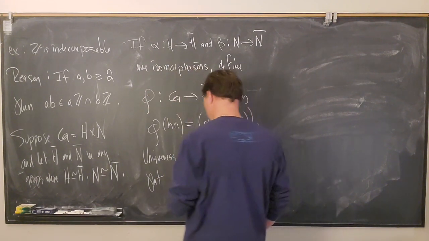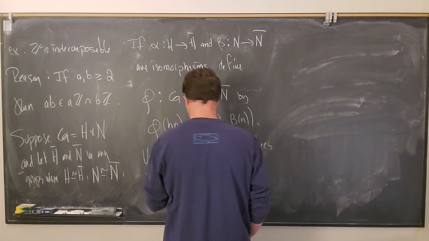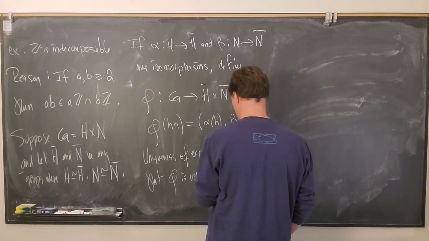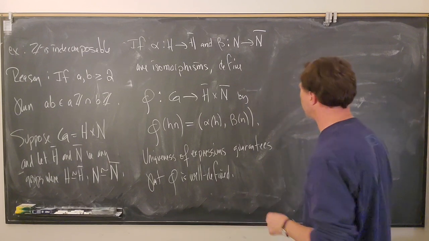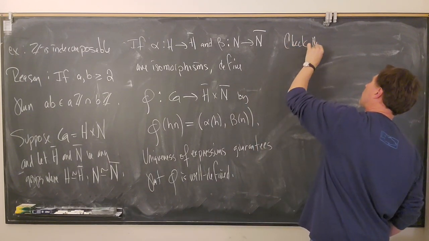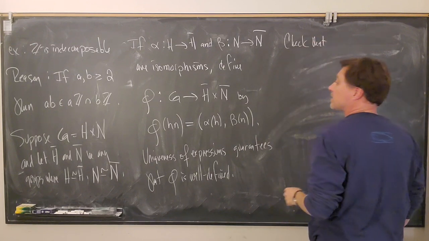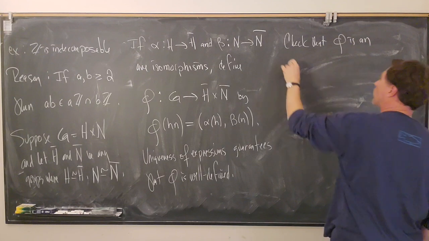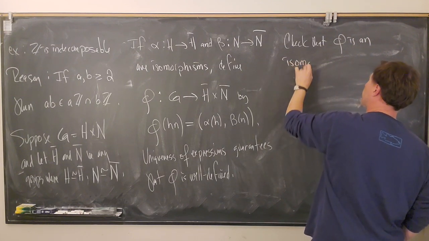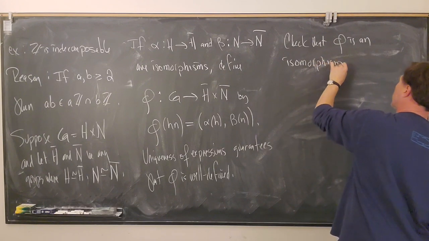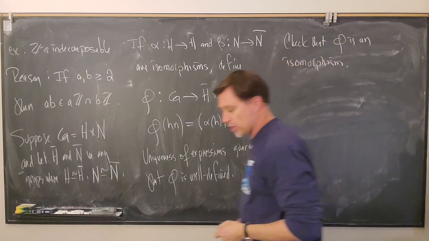Uniqueness gives us the guarantees that phi is well defined. And I'm just going to say check that phi is an isomorphism. It's not difficult to do, but you should check the details there.